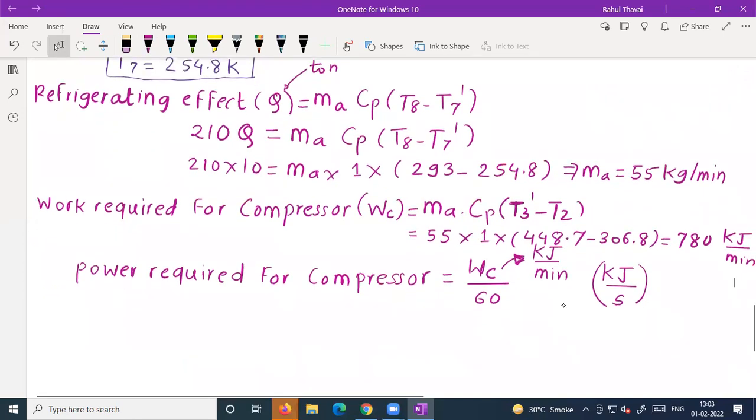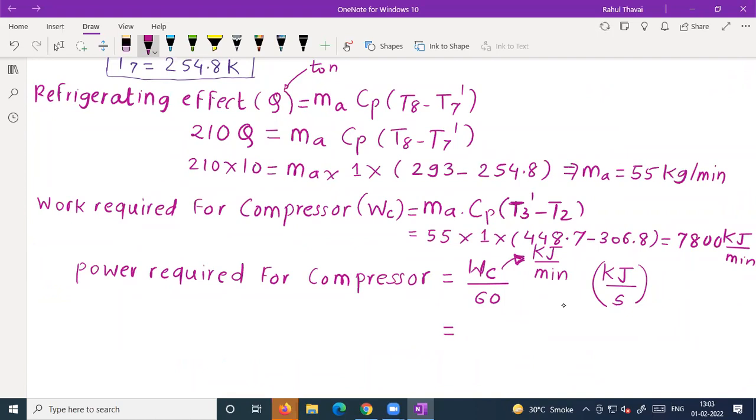Divide by 60. This is 130 multiplied, so we get 7800 kilojoule per minute.